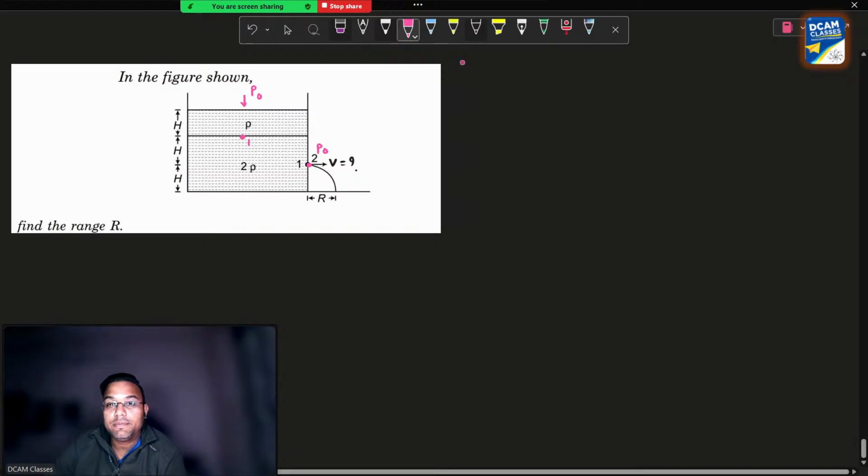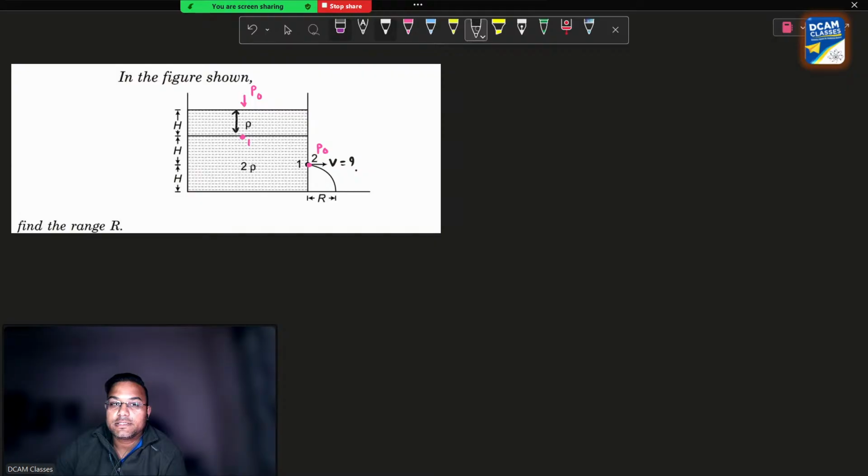But what will be the pressure at 1? You know this is H. So I can safely write P1 is equal to P naught plus rho g H.